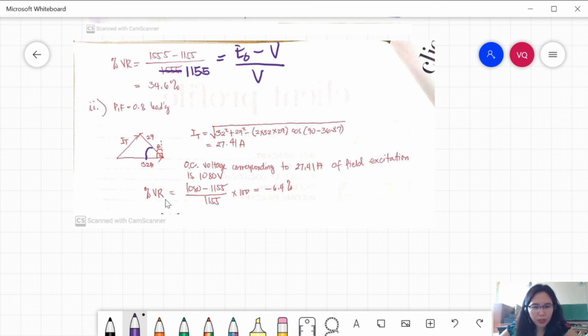So percent voltage regulation is equal to 1,080 minus our terminal voltage, which is 1,155, divided by 1,155 times 100. So in leading power factor, we have a percent voltage regulation equal to negative 6.4%.